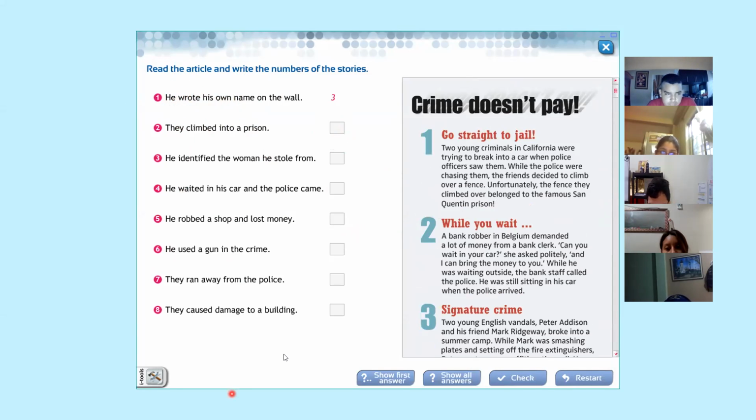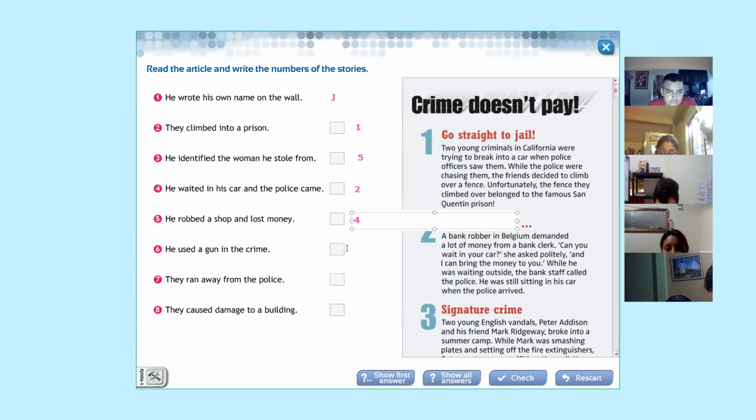He wrote his own name on the wall, number 3. Yeah, okay. Number 2. They climbed into the prison, number 1. Okay, continue. He identified the woman he stole from, number 5. Number 5, okay. He waited in his car and the police came, number 2. Number 2, okay. He robbed a shop and lost money, number 4.